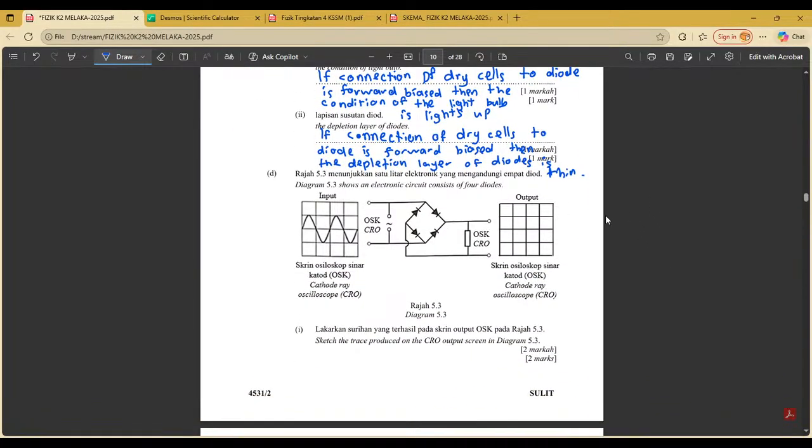Diagram 5.3 shows an electronic circuit consisting of 4 diodes. Sketch the trace produced in the cathode ray oscilloscope output screen in diagram 5.3. This is full wave rectification. If it's connected properly, and I think it is connected properly, yes.